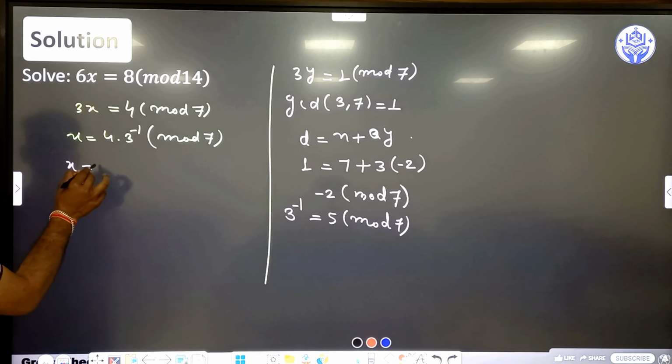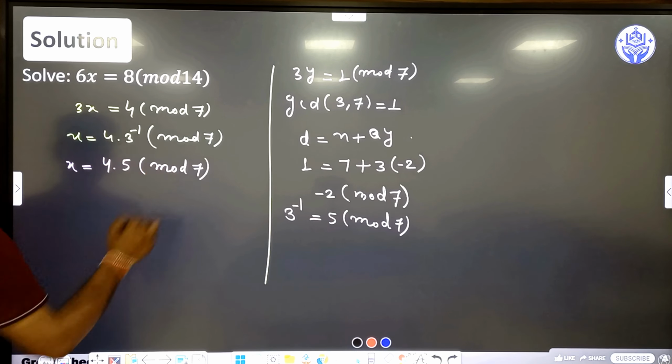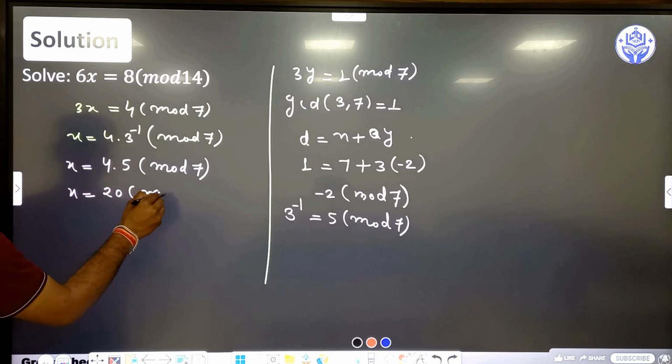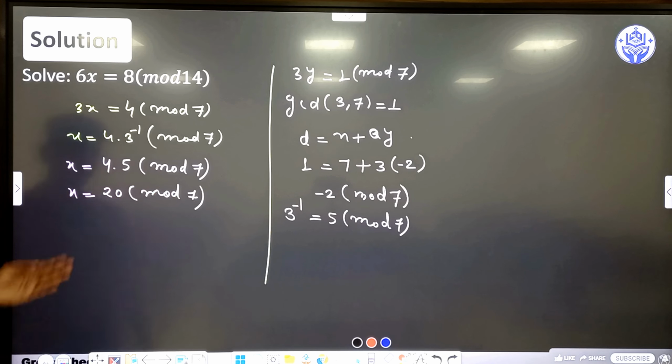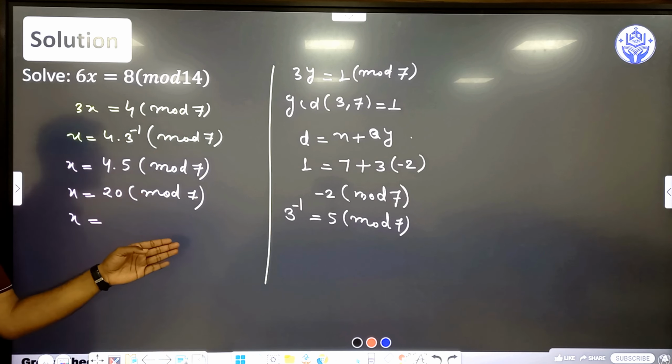So my x is equal to 4 into 5 mod 7. Now x is equal to 20 mod 7. Now if it is 20 mod 7, I can easily replace this with what? 7 twos are 14, and 20 minus 14 is 6.